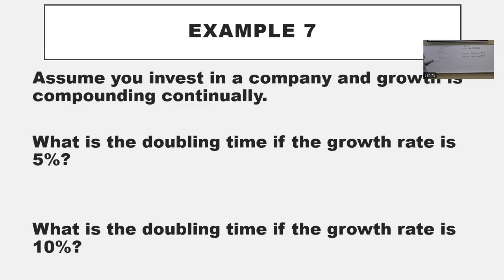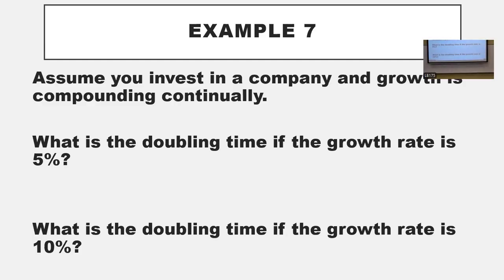The more accurate is taking natural log of 2 and dividing it by your rate of growth. But if you want an okay approximation, take 70 divided by your percentage of growth. All right.